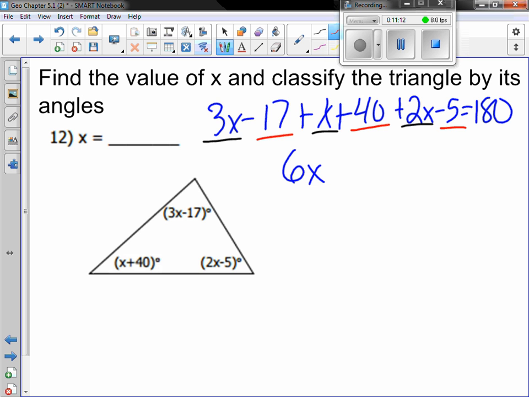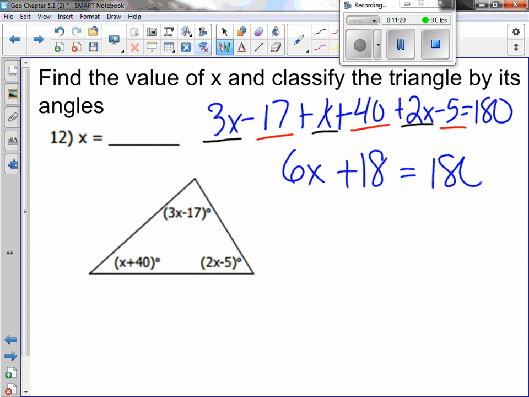Minus 5 should give us plus 18. Because negative 5 and negative 17 would combine to give us negative 23, and 40 minus 23 should be 18.